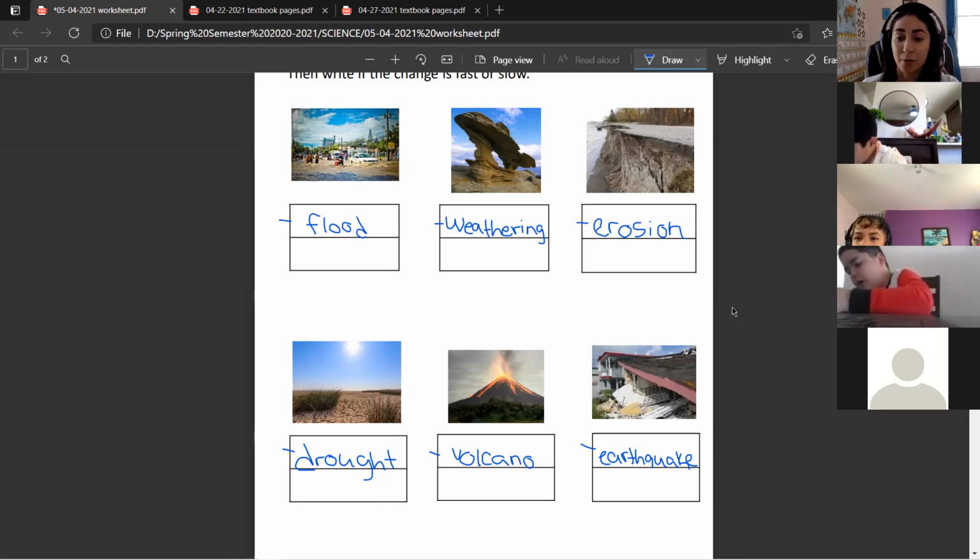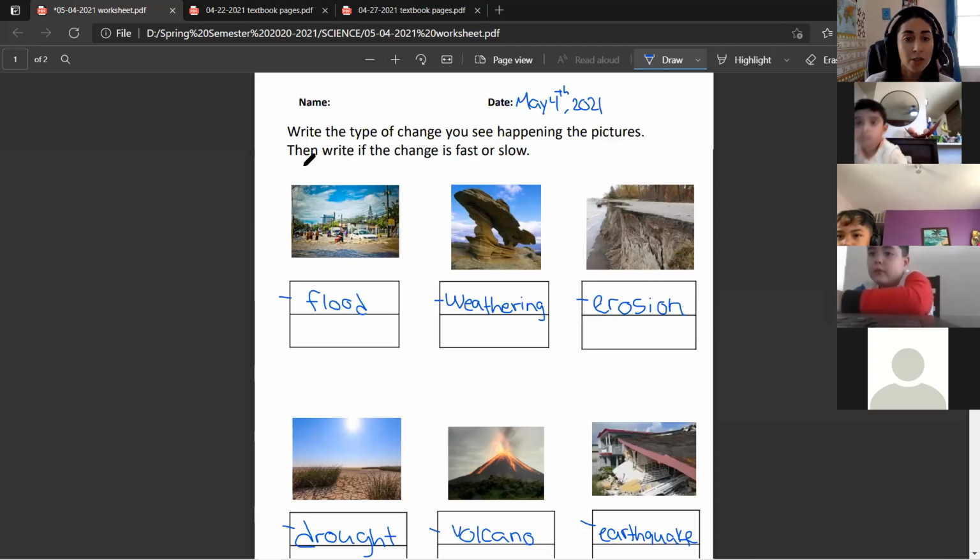Okay, you guys. So we have flood, weathering, erosion, drought, the eruption of a volcano, and an earthquake. All of those things change the surface of the earth. Now, the instructions also say that we have to write if the change is fast or slow.